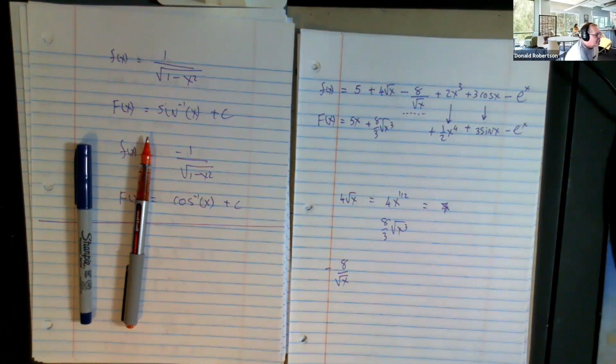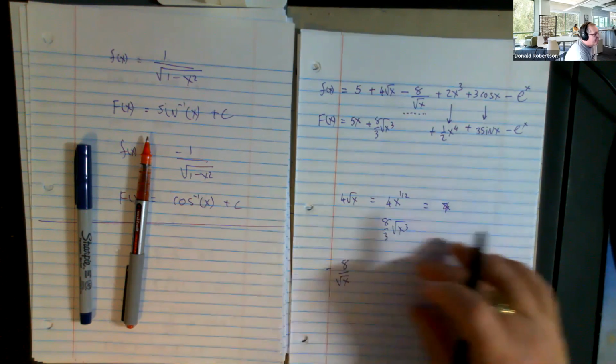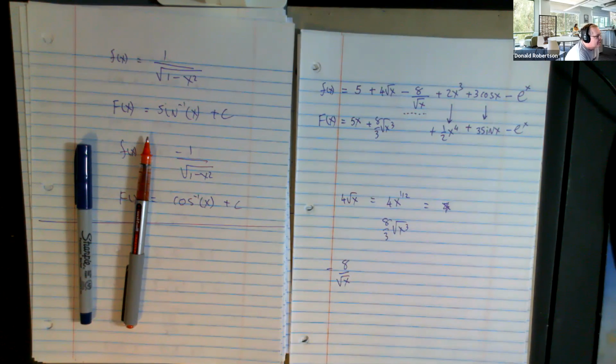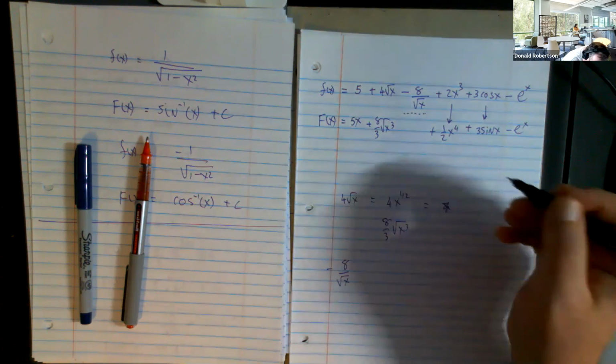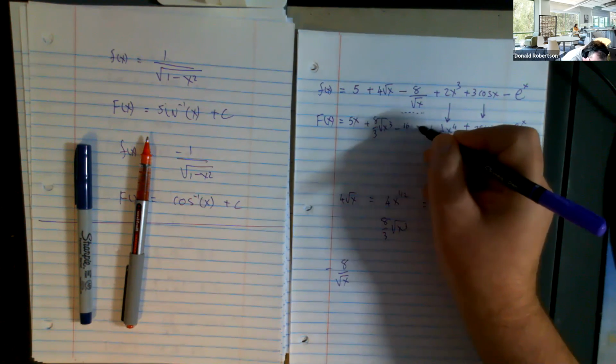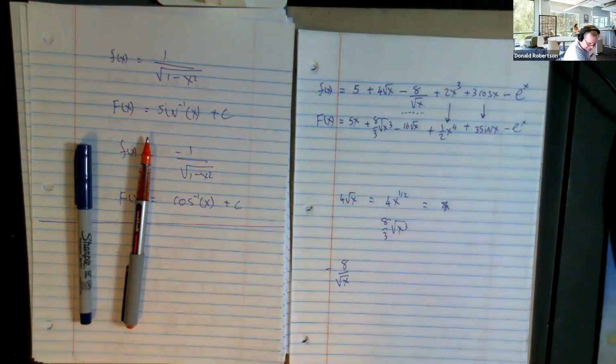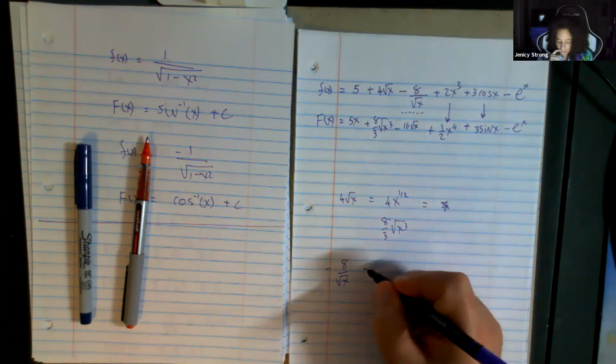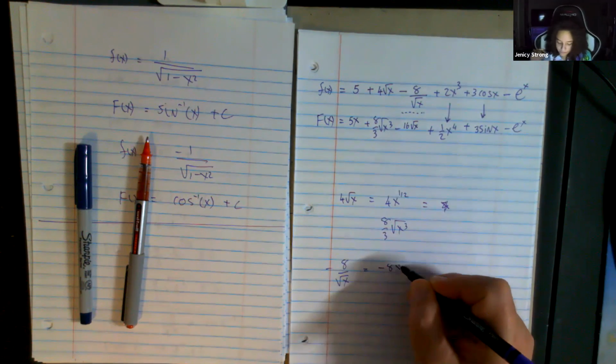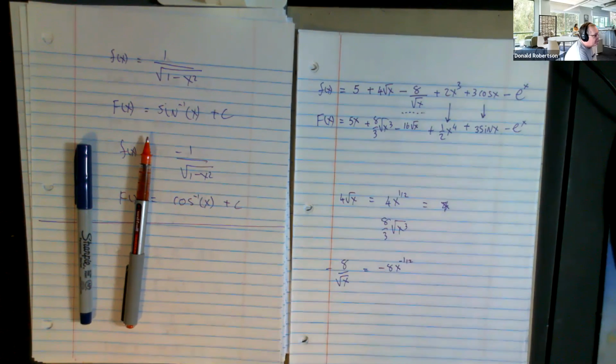Any volunteers for that one? Because I am going to do this one slowly, just to show you what it is. Is it negative? Any volunteers? Is it negative... Say again? 16 square root x? Let's find out. If you turn it into a fractional power, isn't it negative a half?